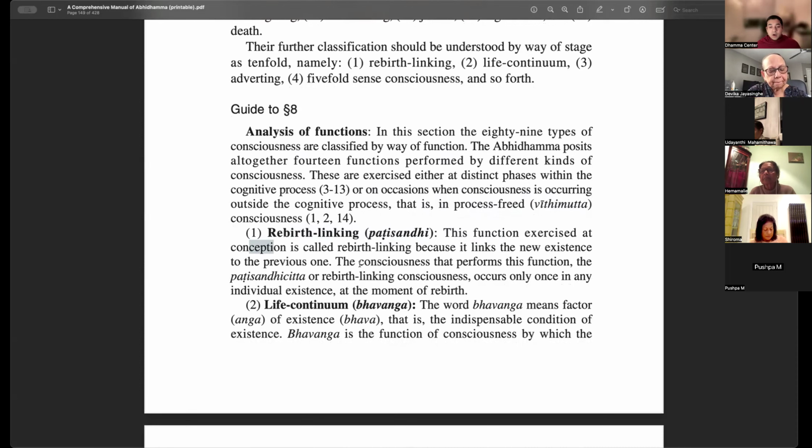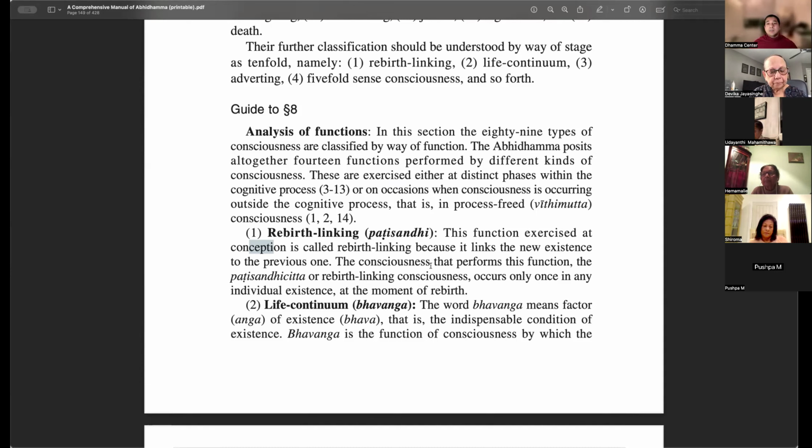The consciousness that performs this function, the patisandhi chitta, or rebirth linking consciousness, occurs only once in any individual existence at the moment of rebirth. So right after the arising of the Chuti Chitta in the previous birth, arises the Patisandhi Chitta in this birth.